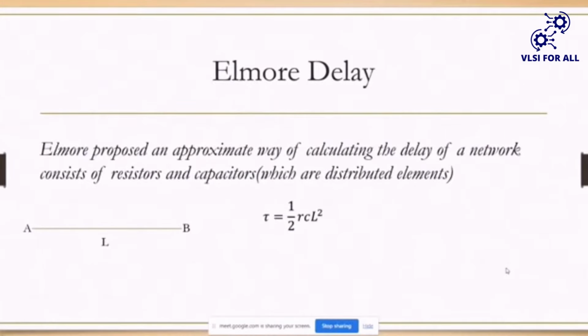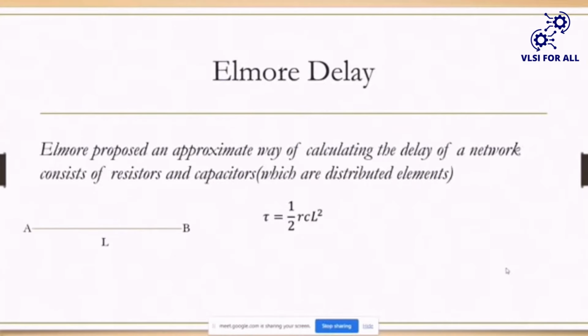Here team, I'm honestly telling you, the derivation is not required because you are not going for GATE or some other derivative field. Hence I am avoiding that, but I am giving you the conclusion based on the Elmore delay.